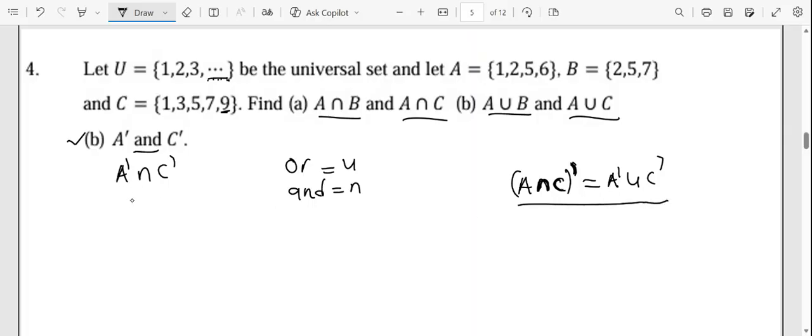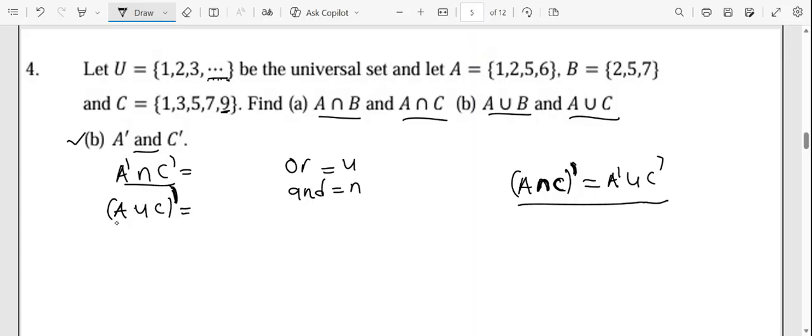So even here, I can change this one. You just simplify to say A union C. That's how you can list that, because when you distribute this complement again, it gives you the same one you had there.